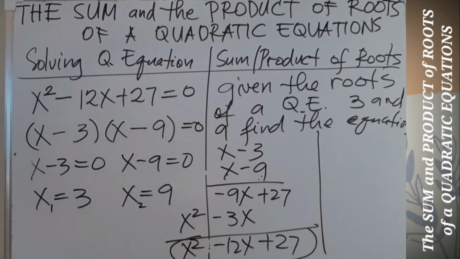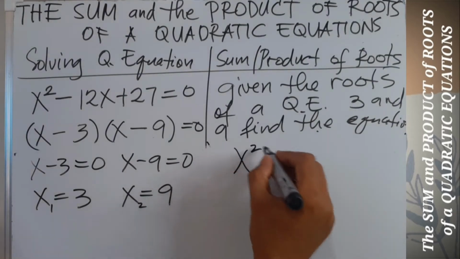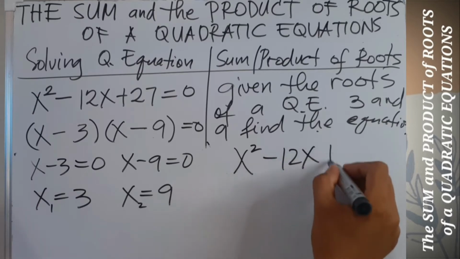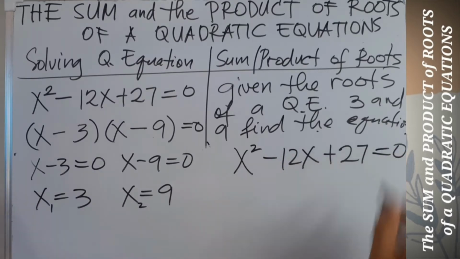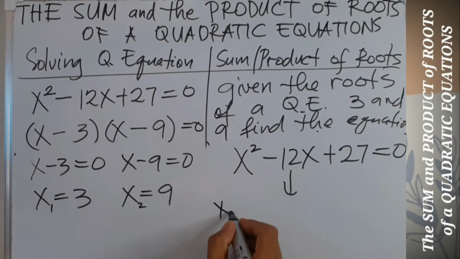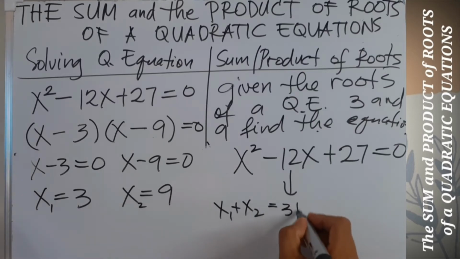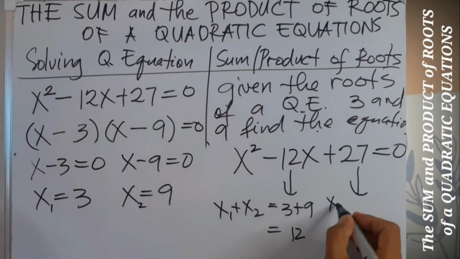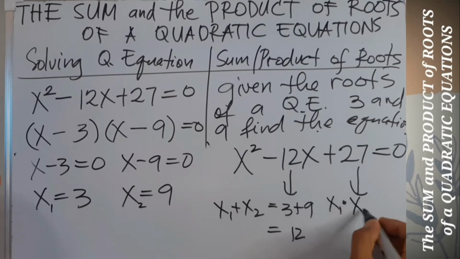Okay. Now, in the sum and product of roots, we will not go through this. X squared minus 12x plus 27 equals 0. 12 is the sum of the two roots. 3 plus 9 equals 12. 27 is the product of the two roots.